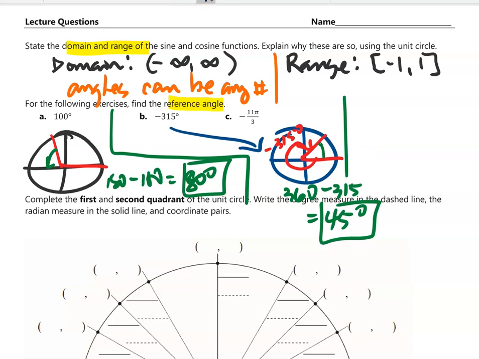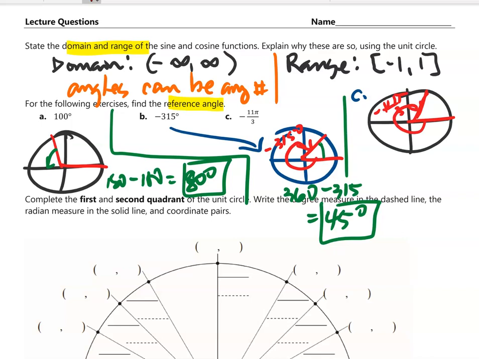Letter C is negative 11 pi over 3. Where is negative 11 pi over 3? It's somewhere here. So that's negative 11 pi over 3.